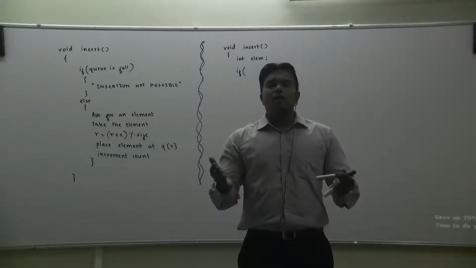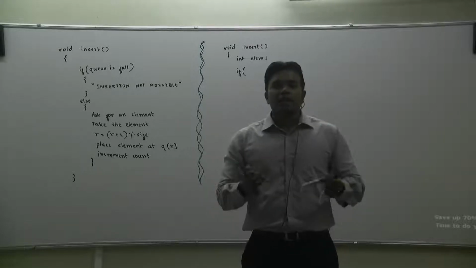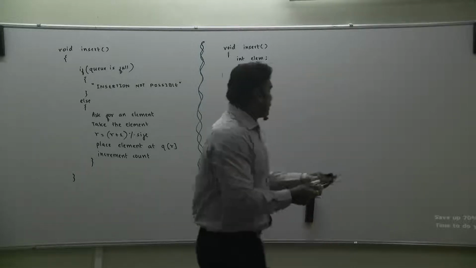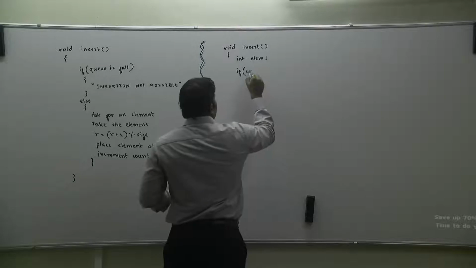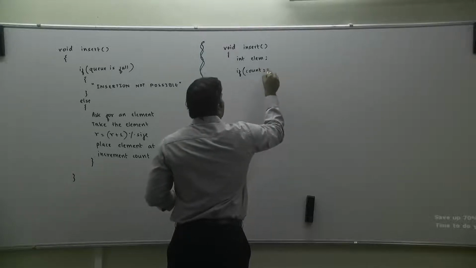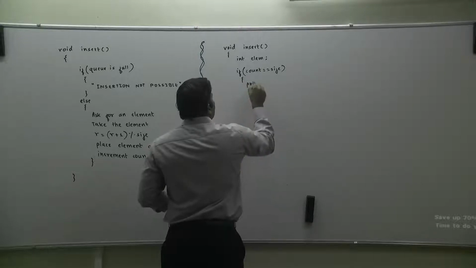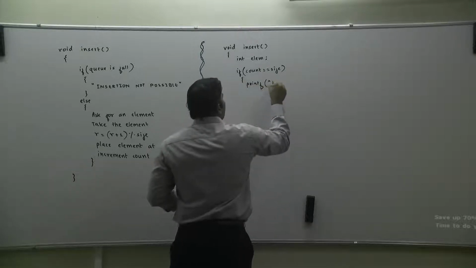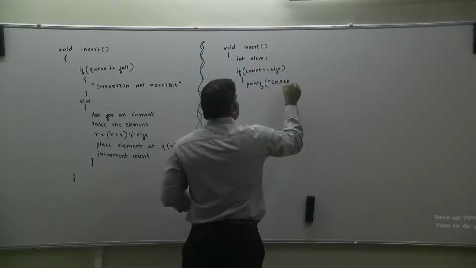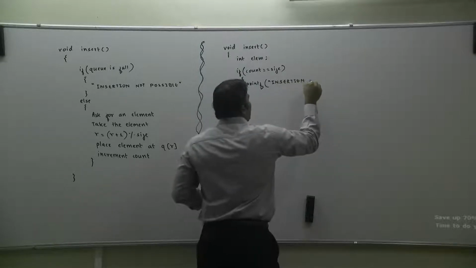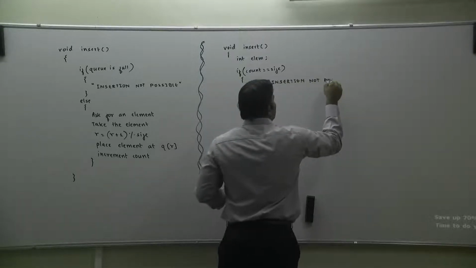When count is equal to size, that is when the queue is full. That is what I am telling here. If in case the count value has become equal to size, then I will tell that insertion is not possible.